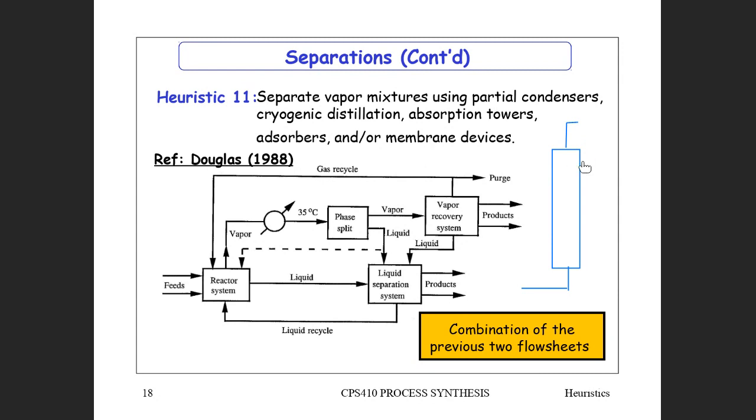So hydrogen, I said, would be easy to separate because of its small size, and hydrogen has an enormous diffusion coefficient. So the diffusion coefficient and the size are two things that go together in a membrane separation system.